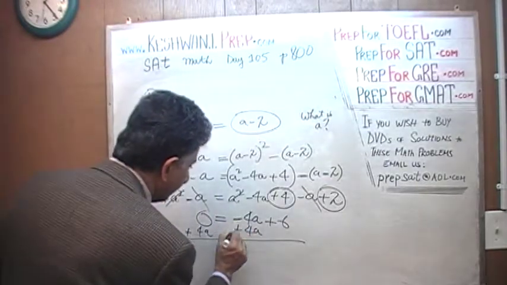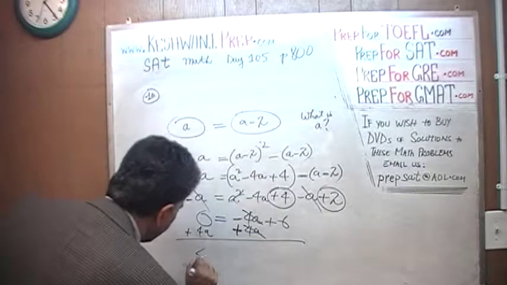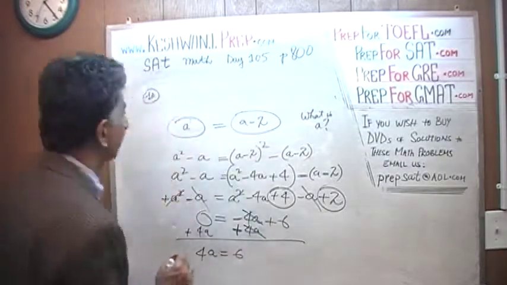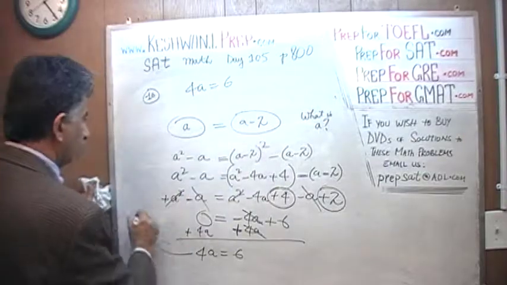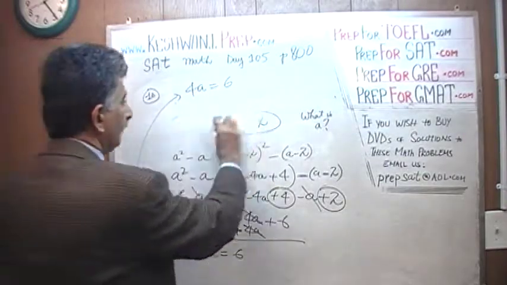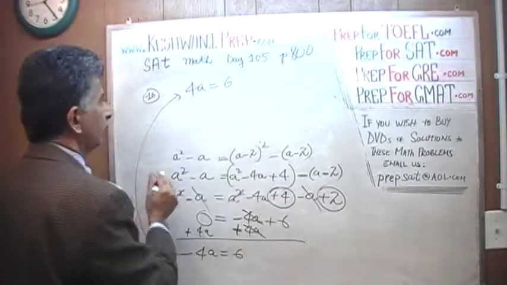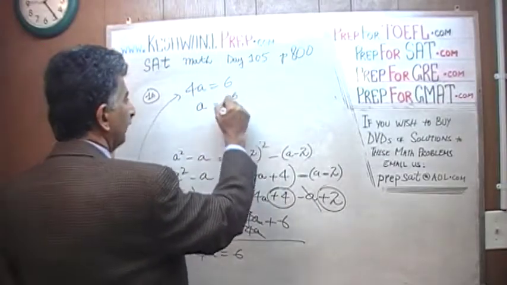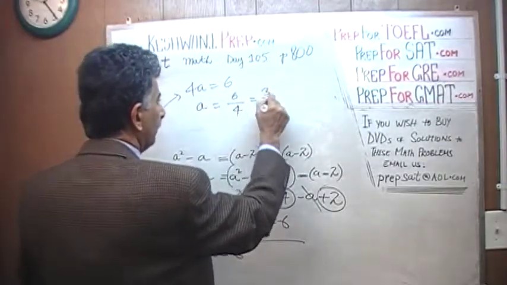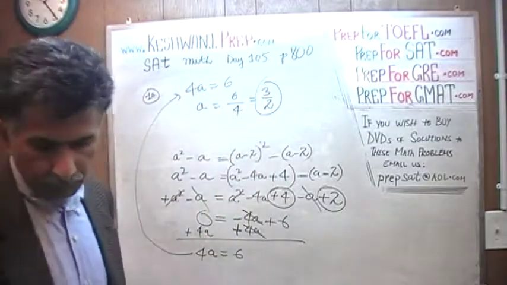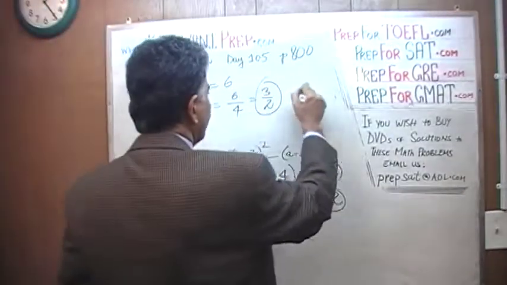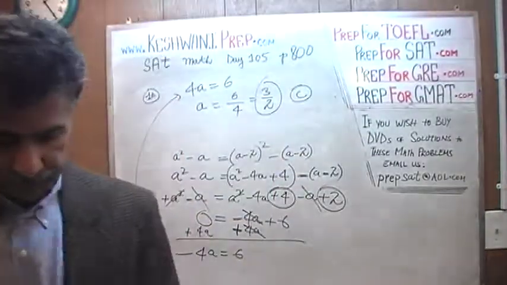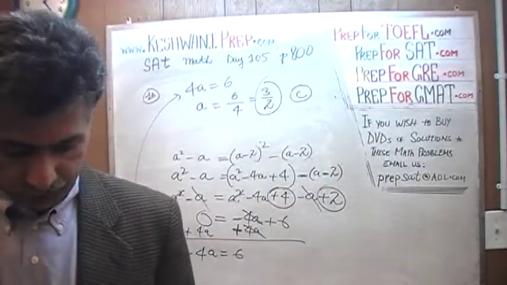So negative 4A and a positive 4A is going to drop out, and 4A equals 6. That's it, we're done. Therefore, A equals 6 over 4 or 3 over 2. And the answer is C. And that's all there is. That's how simple it is.